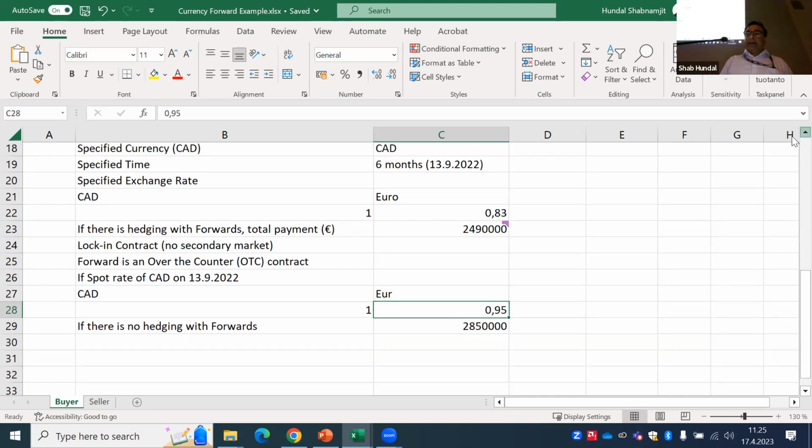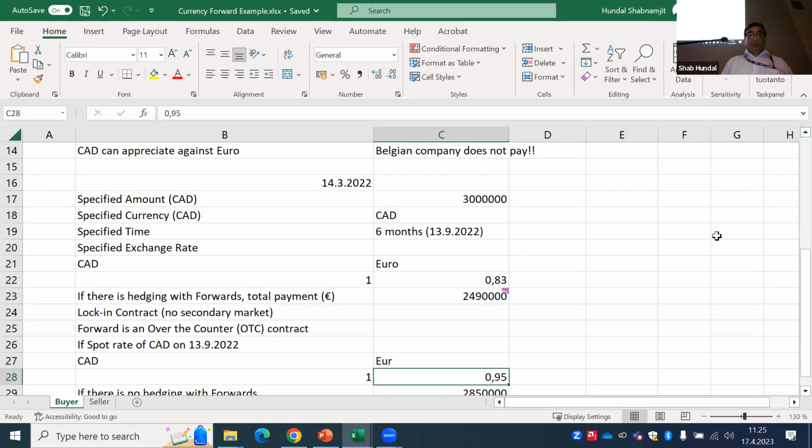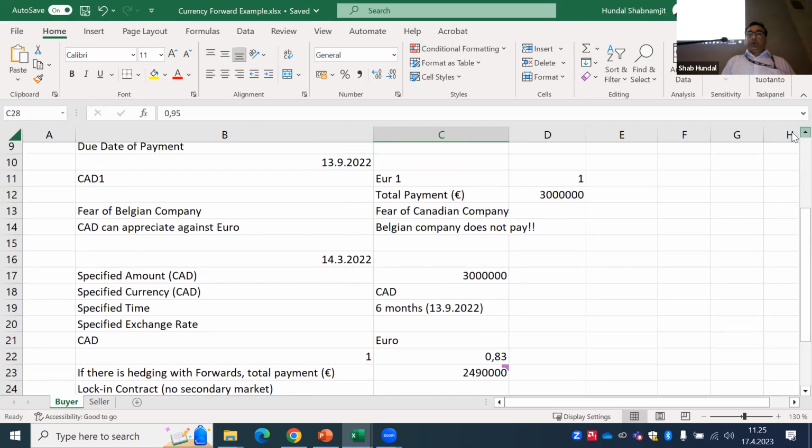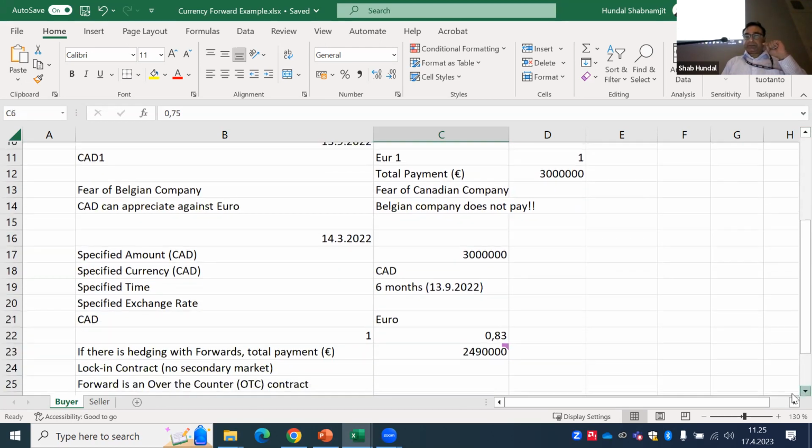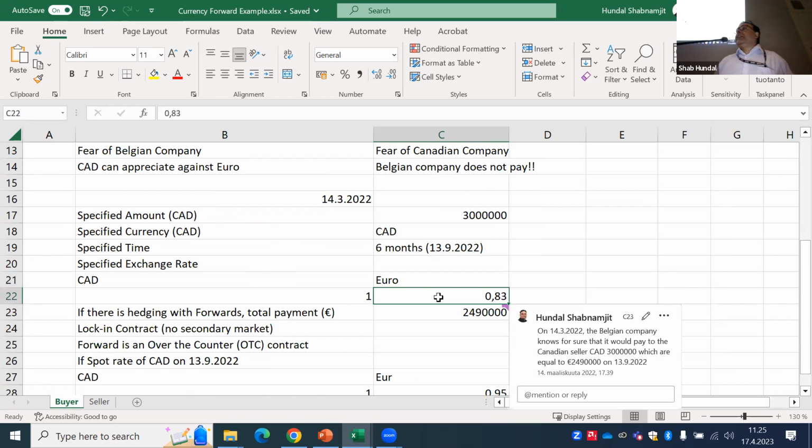As a matter of fact, I want to give you a very important hint now. Do we agree that this spot rate and this forward rate are on the same date? And the date is 14th of March. You see my point? Whenever you see the forward rate higher than the spot rate, get some idea that in the future, this country's currency is going to show an upward trend.